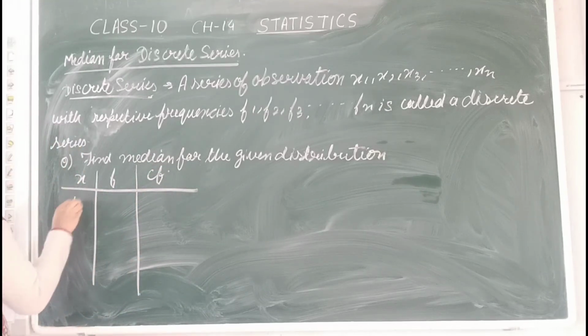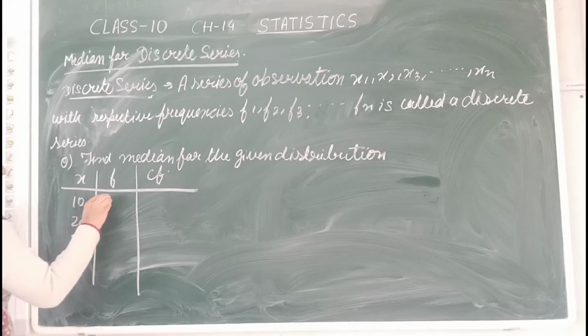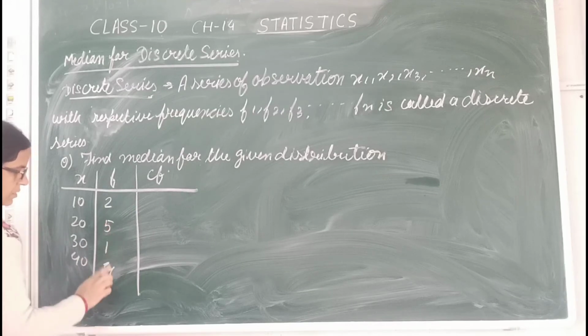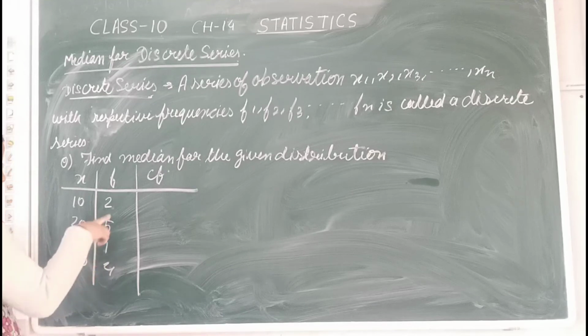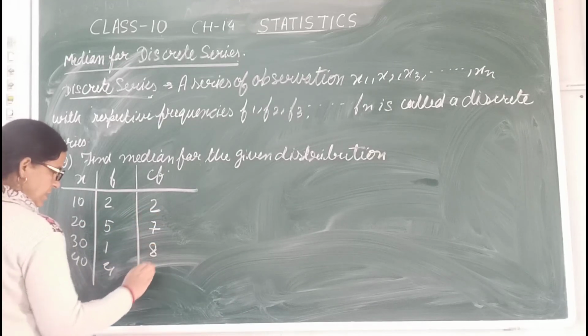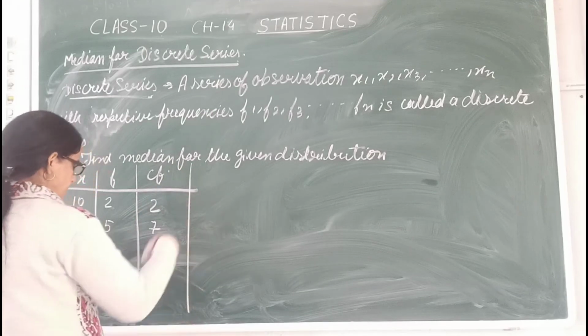Let us write anything: x as 10, 20, 30, 40, with frequencies 2, 5, 1, 4. Total is 12. So over here the cumulative frequencies are 2, 7, 8 and 12. The cumulative frequency we have made.